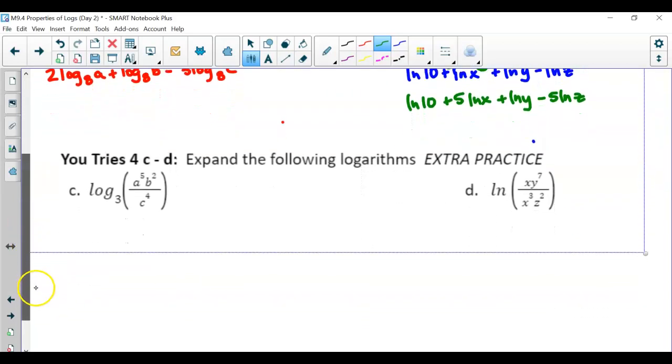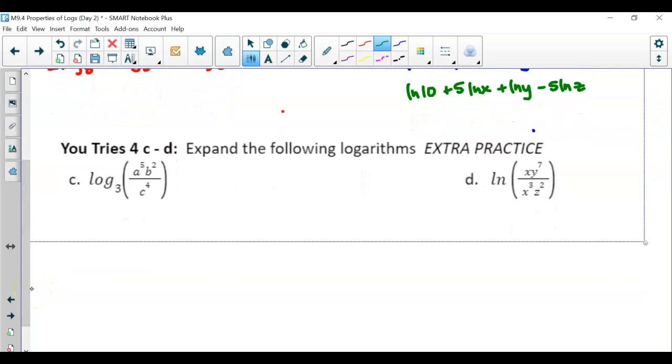So go ahead and pause the video now and try these two U-tries. And here we go. So now here, can I simplify anything? No. So I'll just go ahead and start expanding. Log base 3 of a to the fifth plus log base 3 of b squared. Then dividing, so minus log base 3 of c to the fourth.